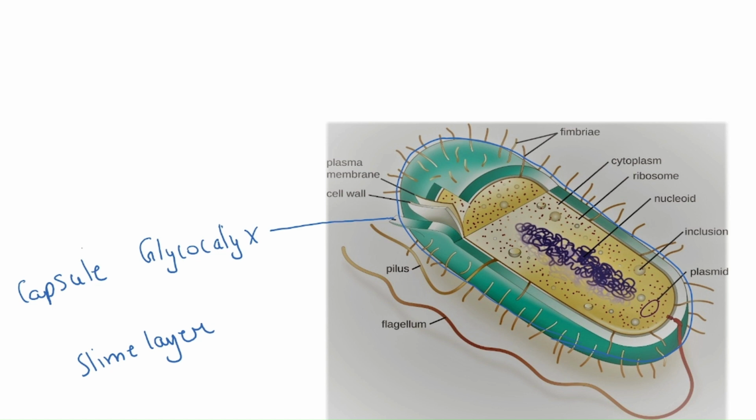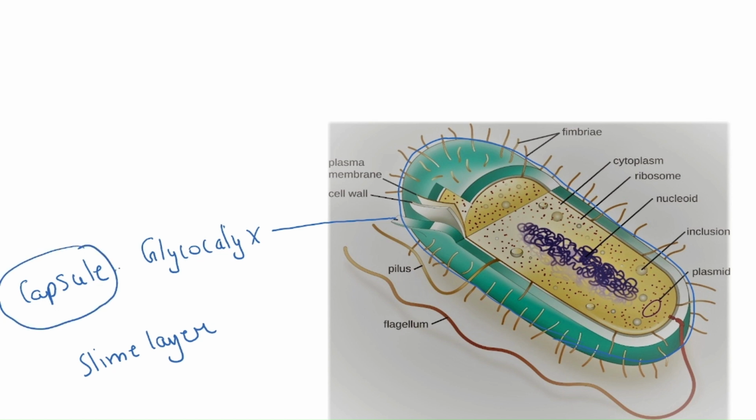The capsule is a well organized, tightly bound, and tough layer of glycocalyx, while the slime layer is an unorganized and loose layer of glycocalyx. The capsule is thicker and more rigid than the slime layer.